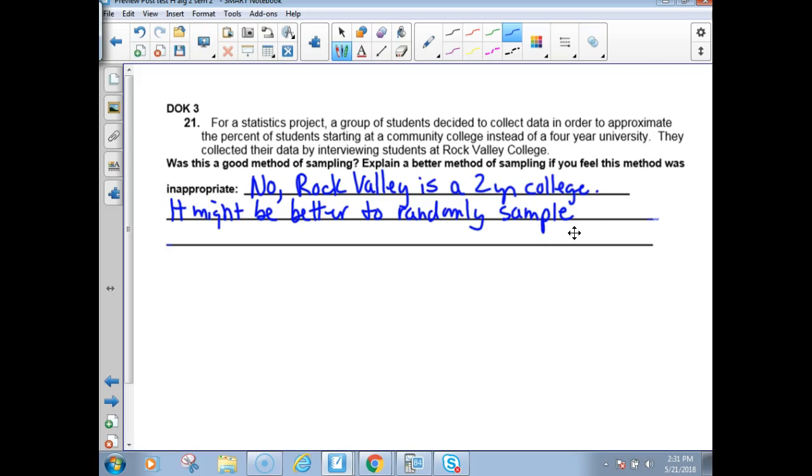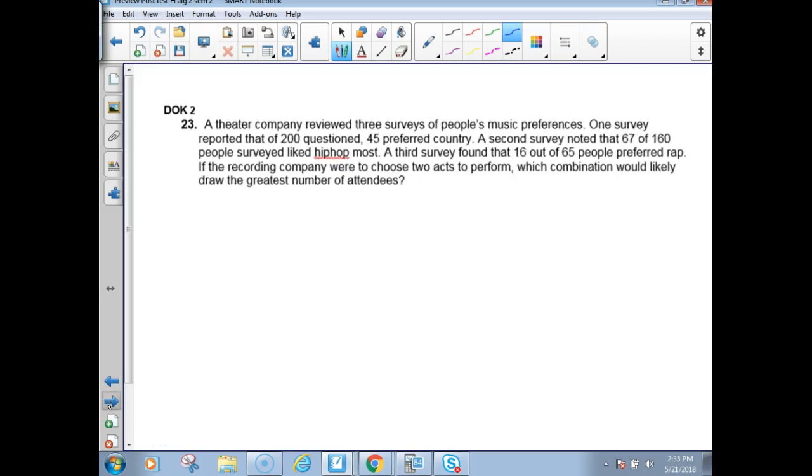Say you want to know about that particular high school or at high schools in the area, maybe you could say randomly sample all students from high schools in the area. Okay, good enough. You got the idea.